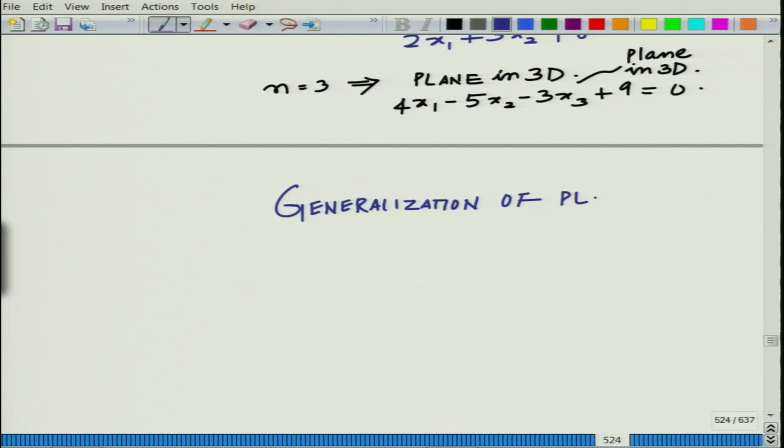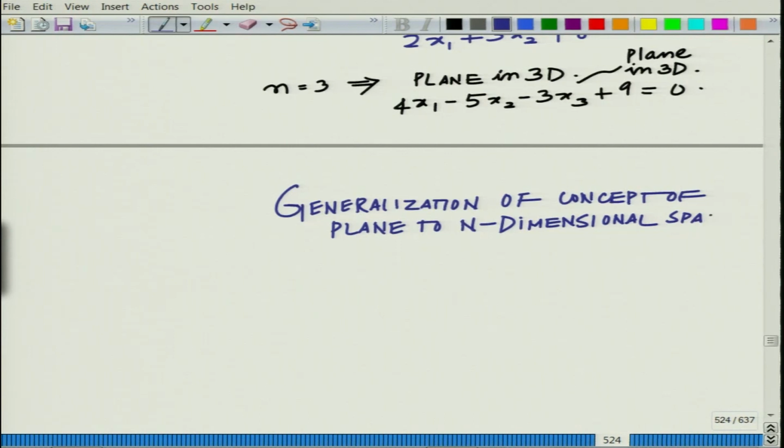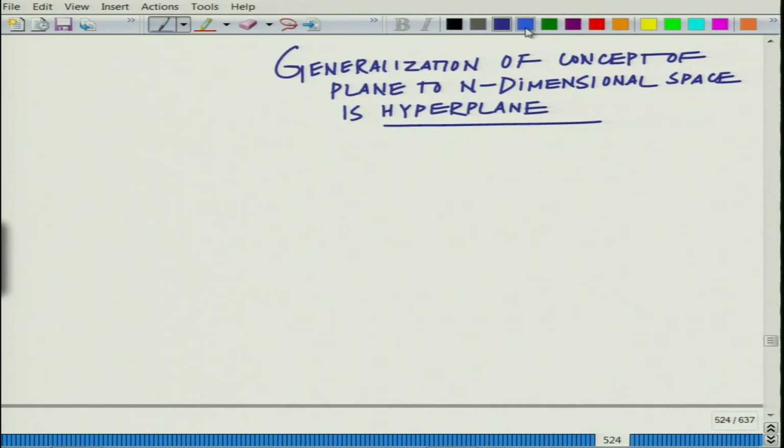This is basically the generalization of the concept of a plane to n dimensional space, that is, a hyperplane.